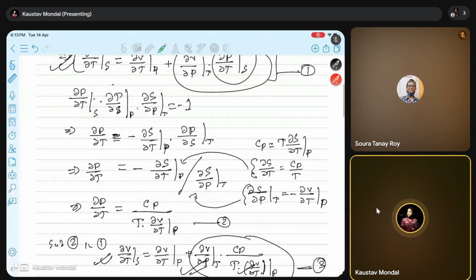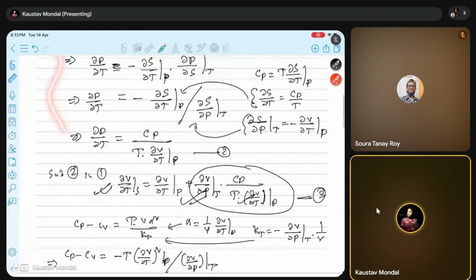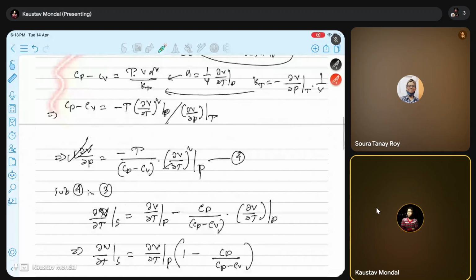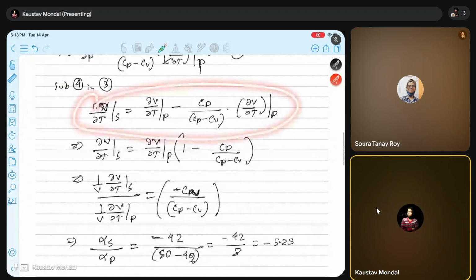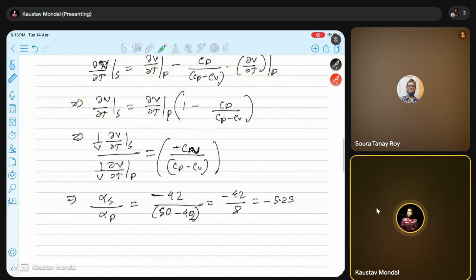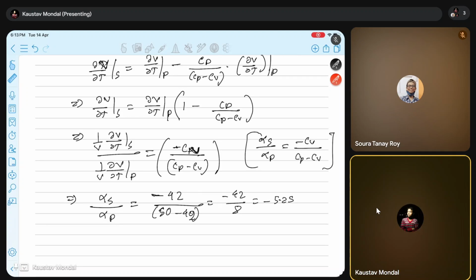By doing all this algebra, you will get this final equation, and from there you can write alpha S by alpha P. This is the general form. Alpha S by alpha P would be minus Cp into this. Okay, got it.